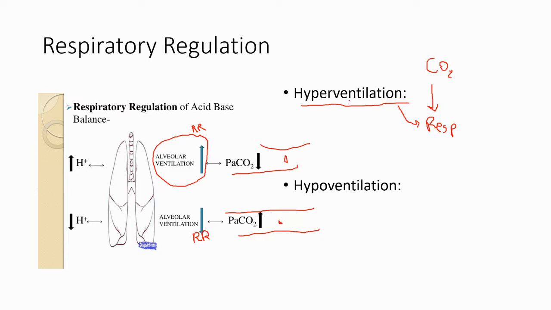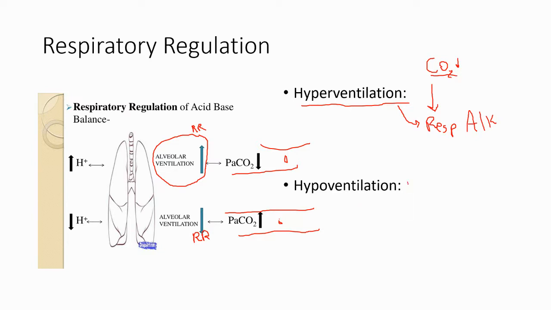When somebody's CO2 comes down because they're blowing their CO2 out, they have a respiratory alkalosis. Why wouldn't they? This acid right here is decreasing in the blood. It's going down in the blood. So hyperventilation causes a respiratory alkalosis. Very important concept to know.